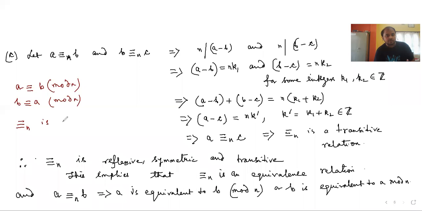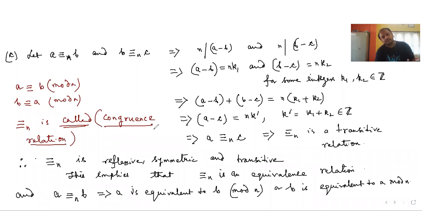This relation has a special name. This relation is called the congruence relation. It was first discovered by the Prince of Mathematics, Gauss, in his book Disquisitiones Arithmeticae.